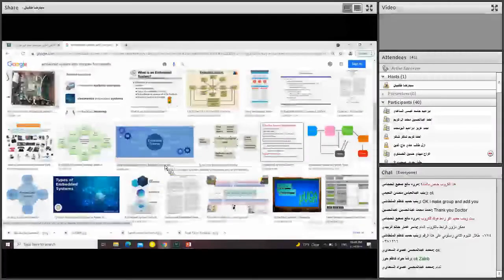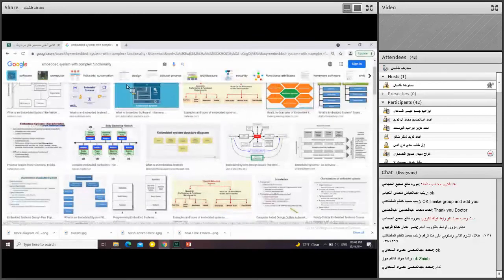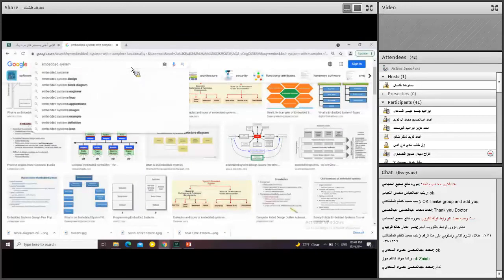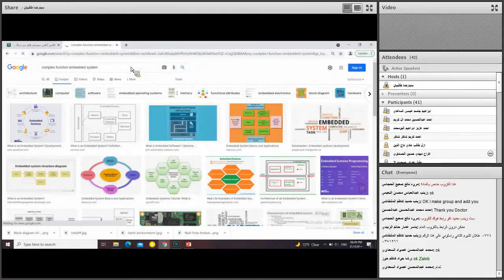Okay, we can find another thing, complex function embedded system.